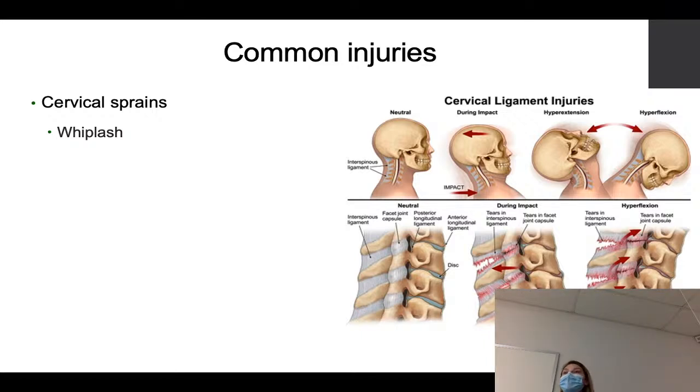Okay. So sprains are going to be most common in the cervical spine. You're not often going to see sprains in your lumbar or thoracic spine. They can happen, but you're mostly going to see it in your cervical spine. Can anyone guess why you would see sprains more often in your cervical spine than your other areas?